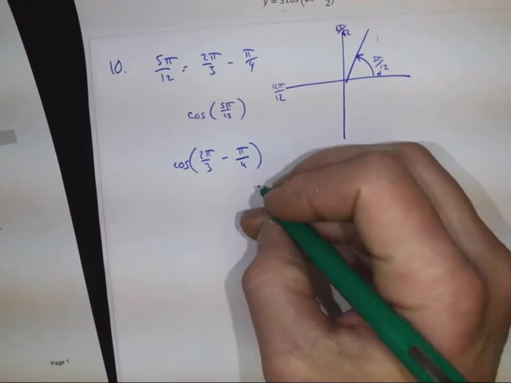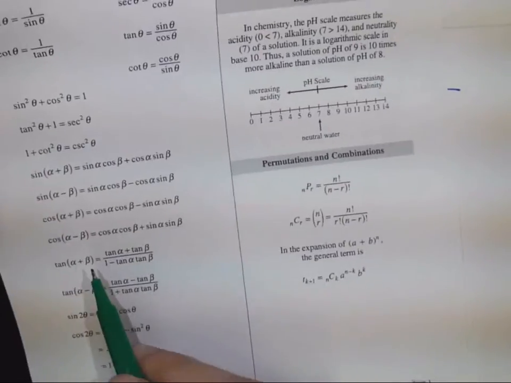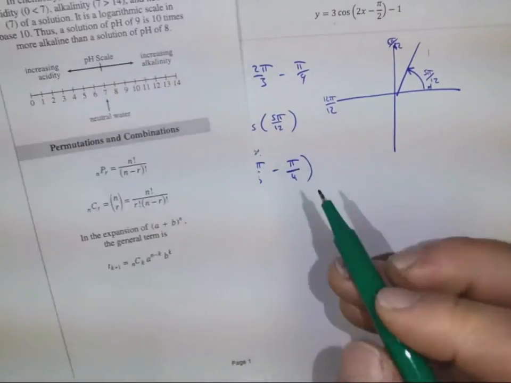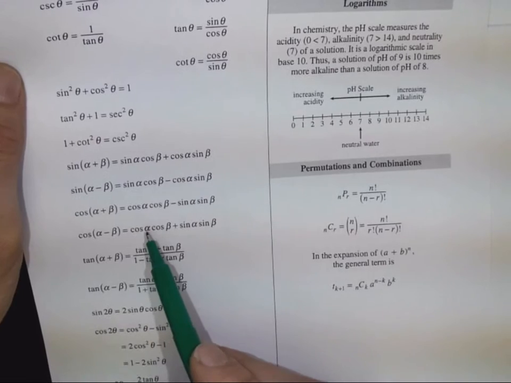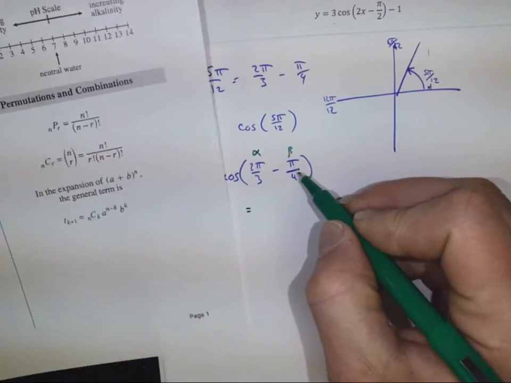So we could really say that's equivalent to, using this ratio, where we're going to say alpha represents 2 thirds of pi, and beta represents pi by 4.